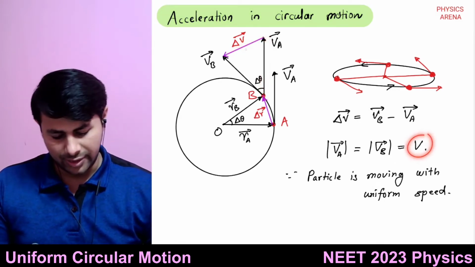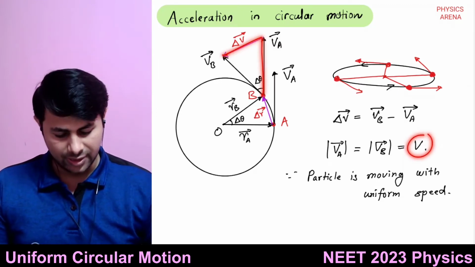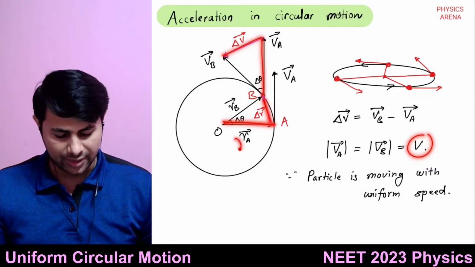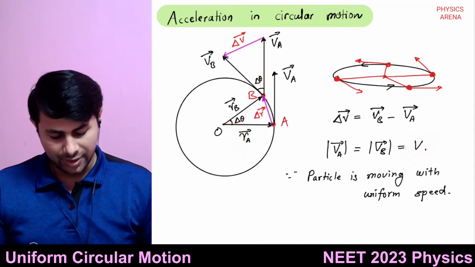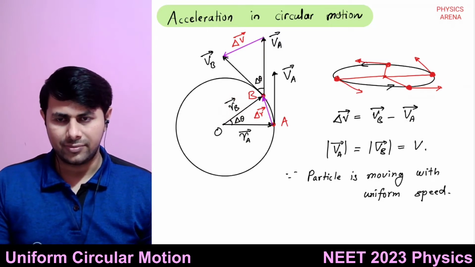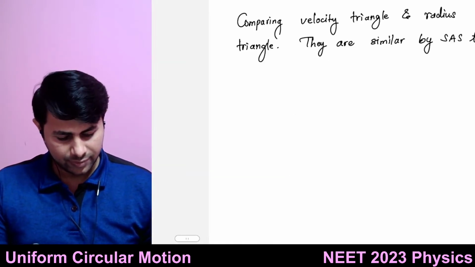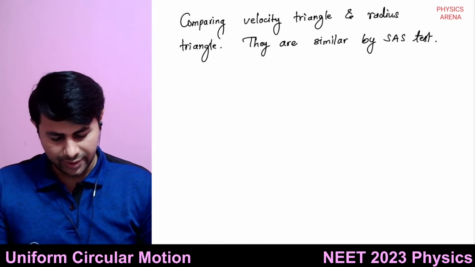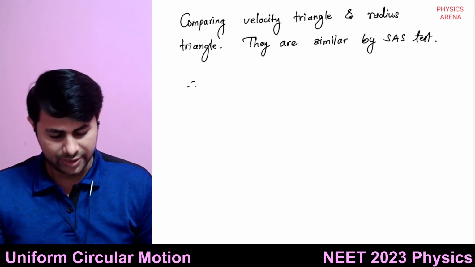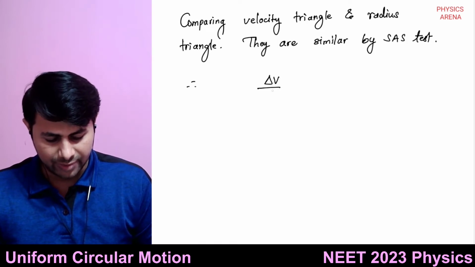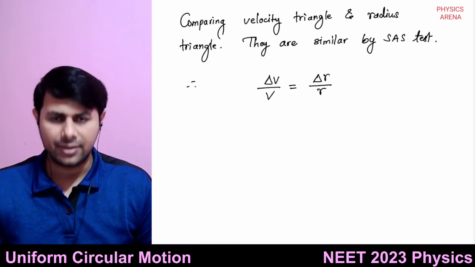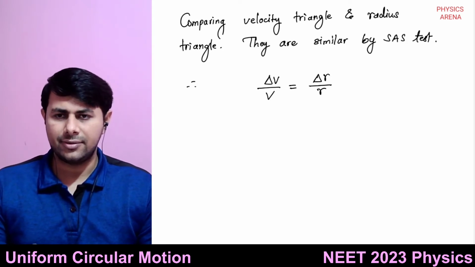The length of this side divided by the length of this side is equal to the length of this side divided by the length of this side, which is R. The magnitude of RA bar is equal to the magnitude of RB bar, and it is equal to R. So, taking the ratio of the corresponding sides, delta V divided by V is equal to delta R divided by R. Can I write this?